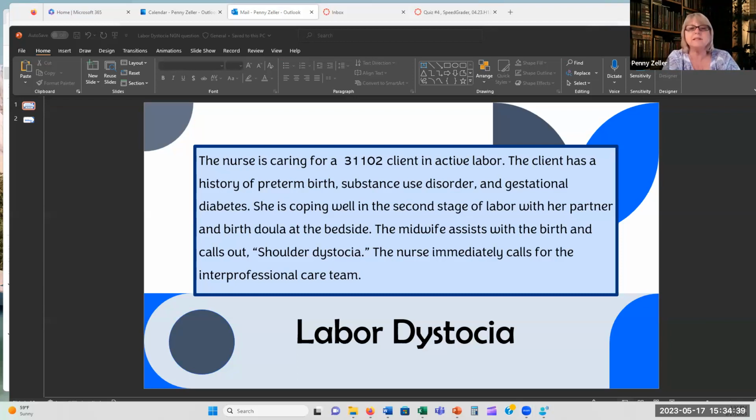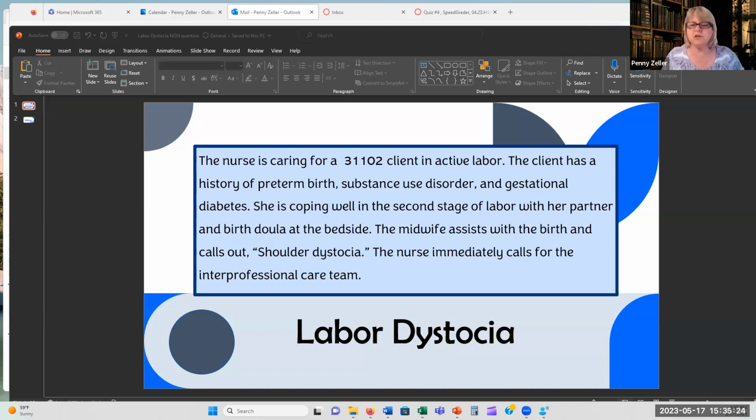So she's in labor now. She's in active labor. She has had a history, as you can see, of a preterm birth. She has used some illicit or harmful substances, alcohol, whatever, and she's developed gestational diabetes. She's doing well, and she reaches the 2nd stage of labor with her partner and the doula at the bedside. The midwife is there also, and she assists with the birth. But she calls out shoulder dystocia. And then the registered nurse calls for help.